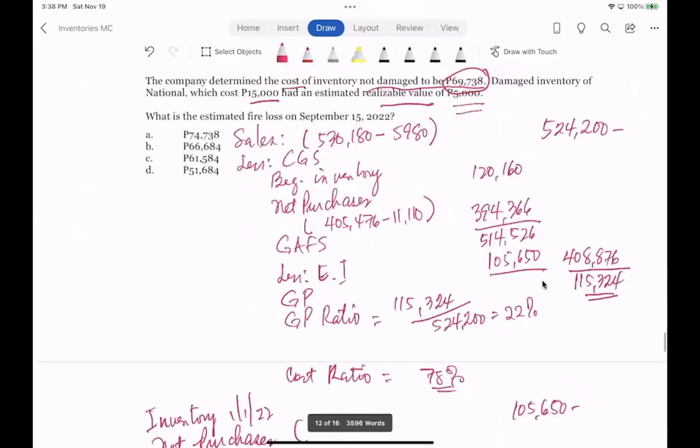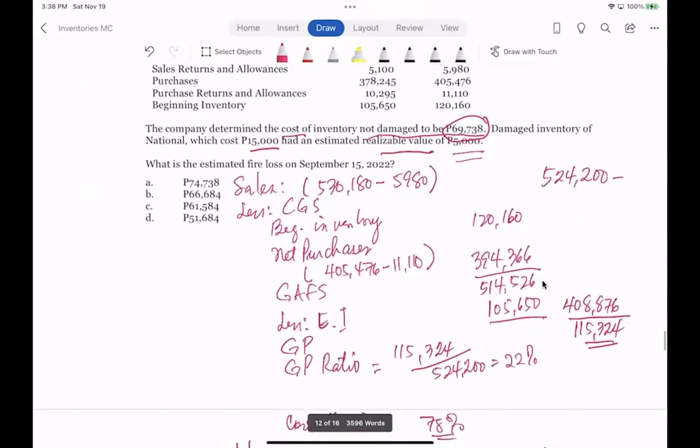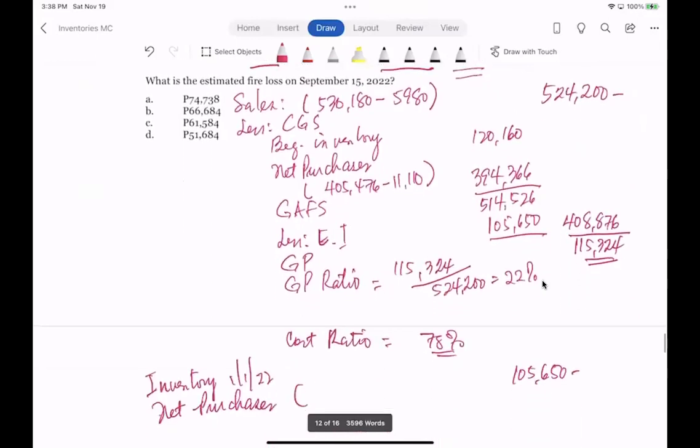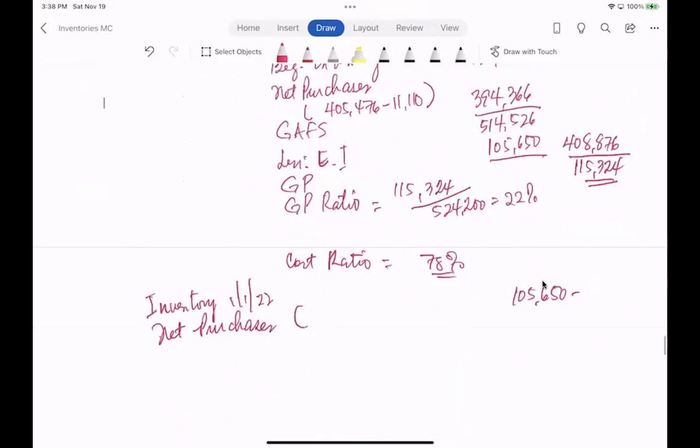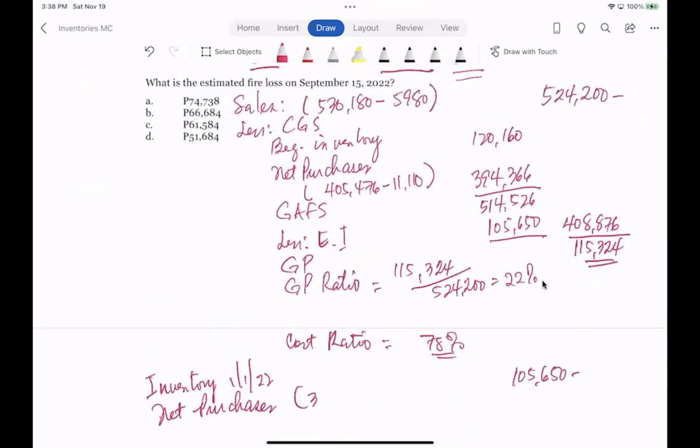So net purchases is 378,245 minus purchase returns and allowances of 10,295.